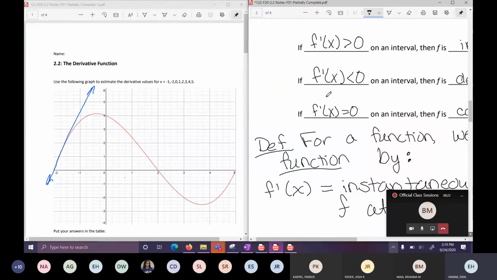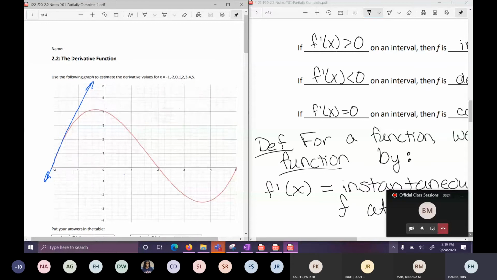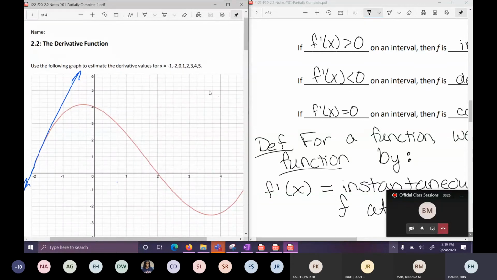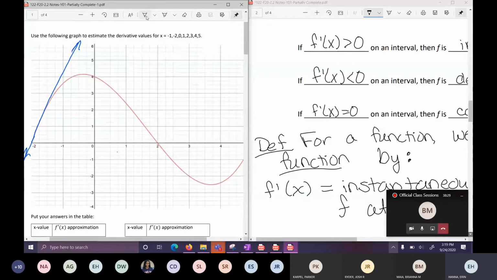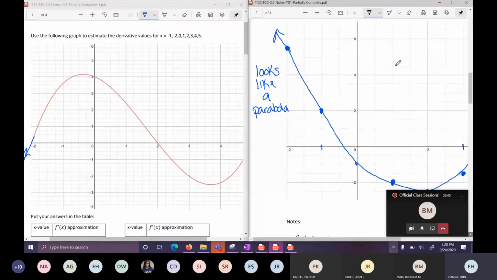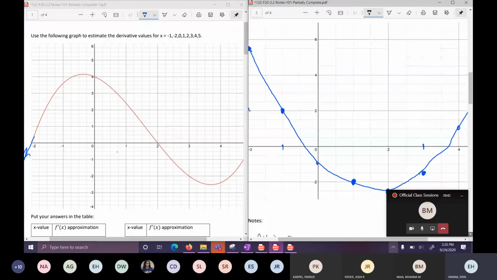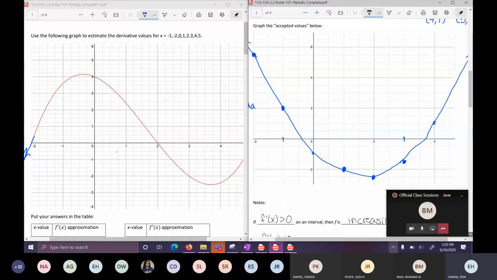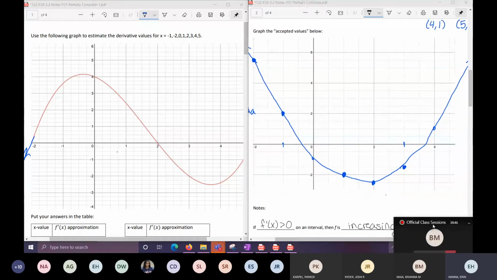And this. Zoom. Let me erase that. Okay.